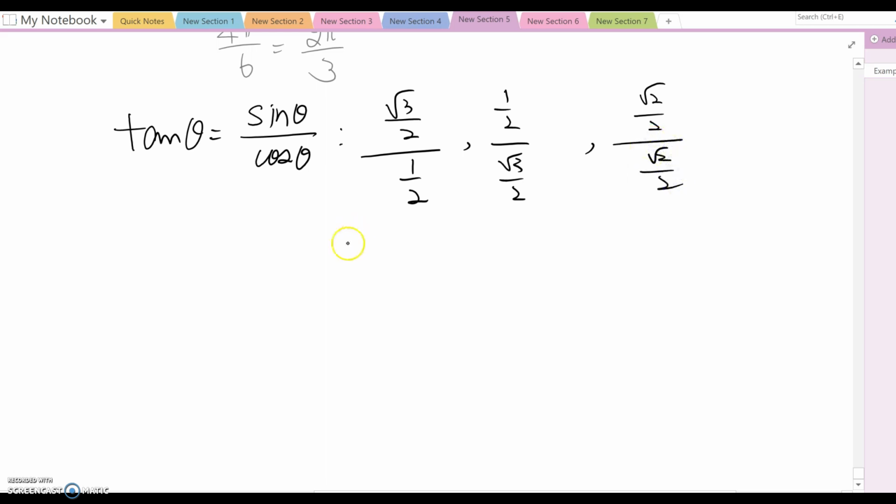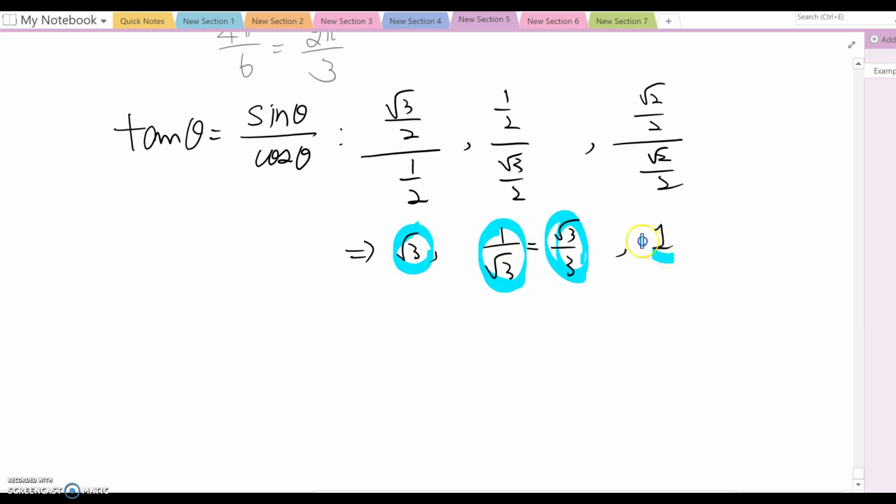If you simplify, then one is root 3, the other is 1 over root 3, which means root 3 over 3, and this case is always 1. Of course, the sign can be different, but please remember those three values: root 3, root 3 over 3, and 1.